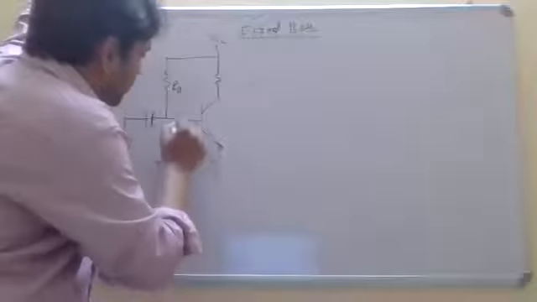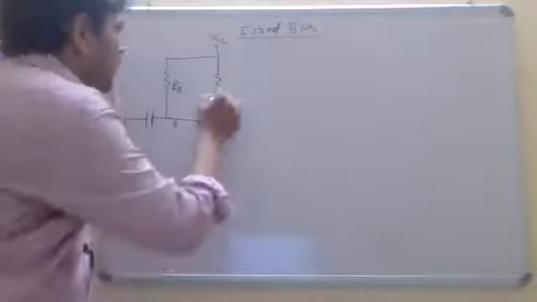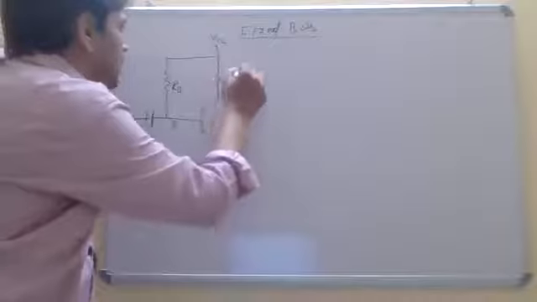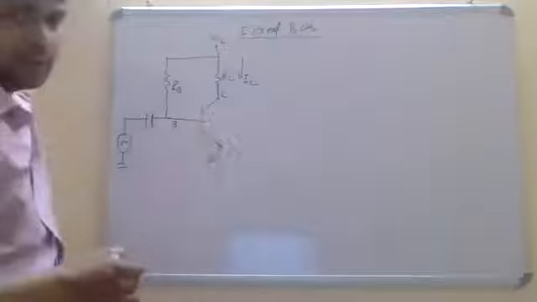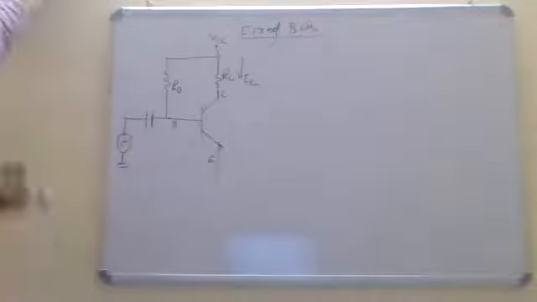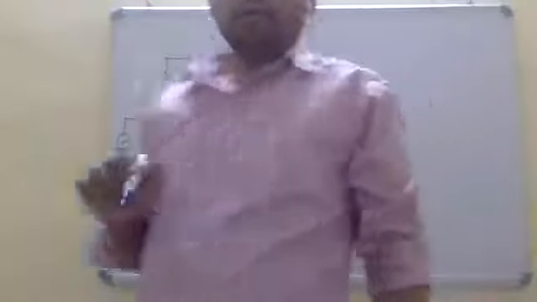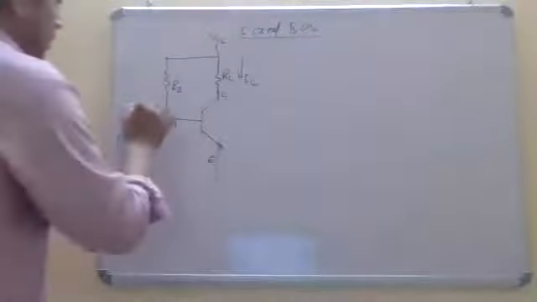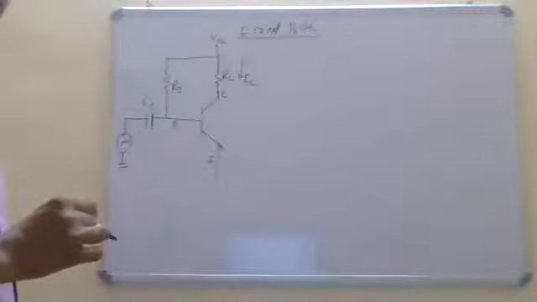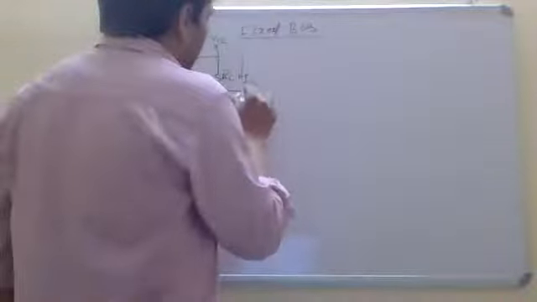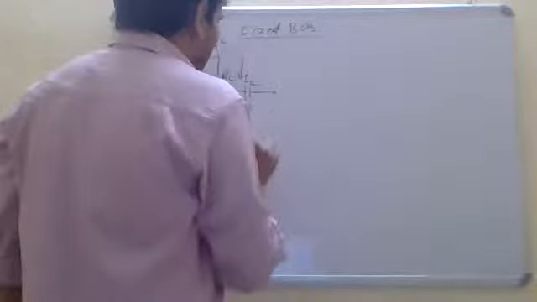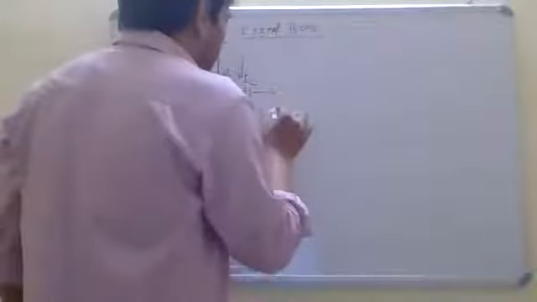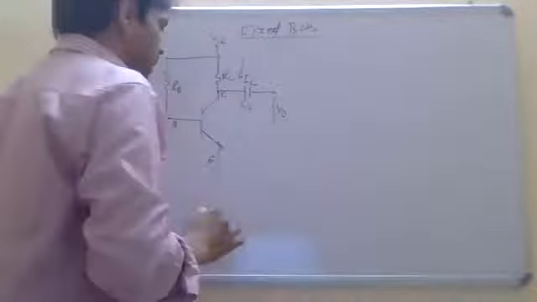This one is the base, and this one is the collector, with RC. Current IC will move from this point to the emitter. For the fixed biasing concept, you can use capacitor C1 here, and also a coupling capacitor C2, and the output will be taken around here.